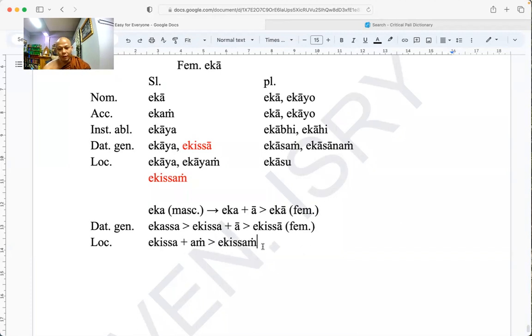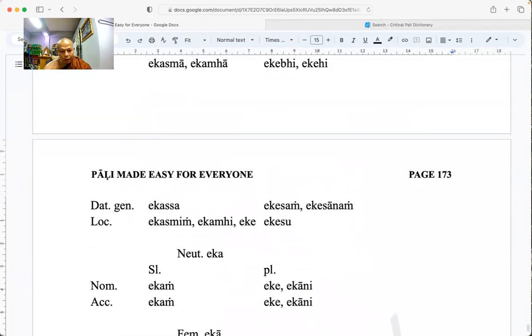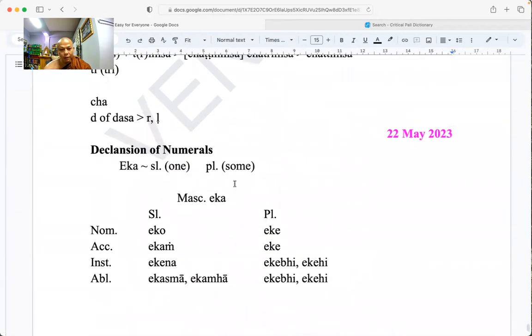So now next, here eka is this note. We need to note that.